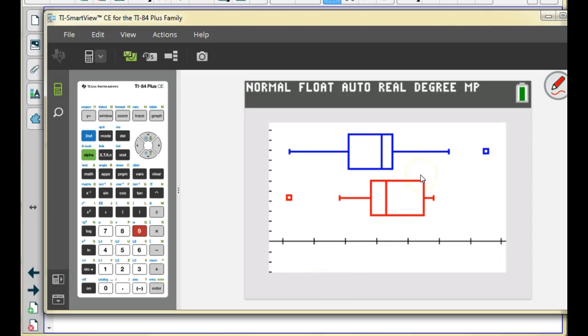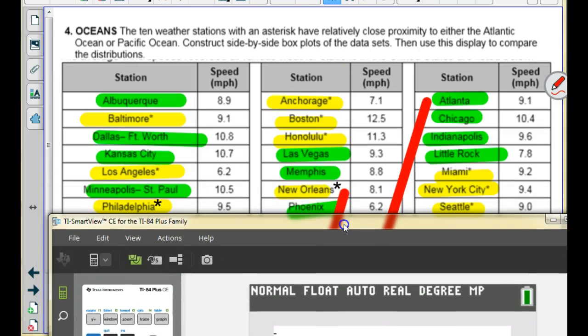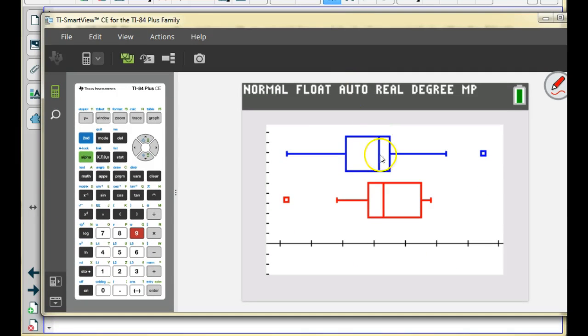Okay, so what's the difference? The first ones we put in, the yellow ones, were near the water. So what can you say? Proximity to the ocean seems to make the wind speed a little bit what? Well, I don't know, the blue ones. Yeah, I would say the median is just a little bit lower than these.